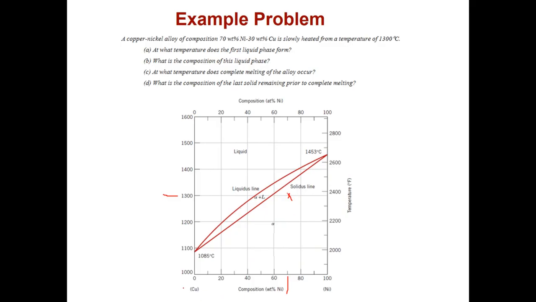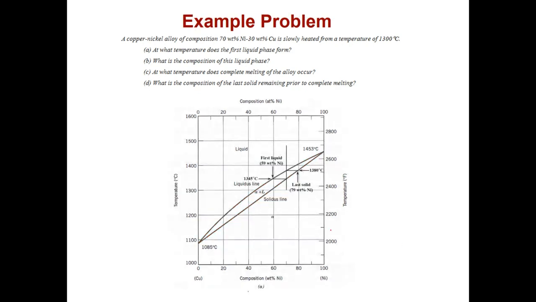And then we want to see at what temperature the first liquid phase forms. If we heat it up from this temperature, we keep going up until it intersects the solidus line right here. At this point, the first drop of the liquid phase appears. I'm going to move on to the next slide so that there is a better representation.